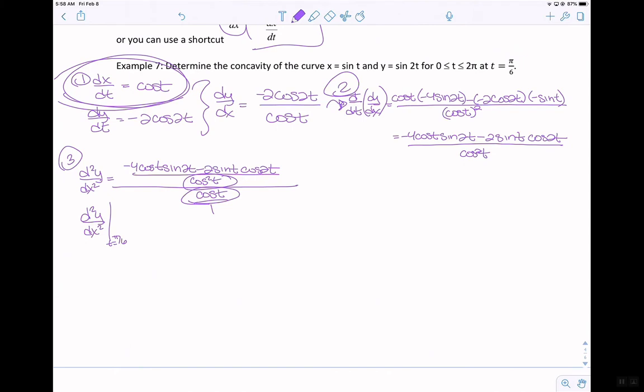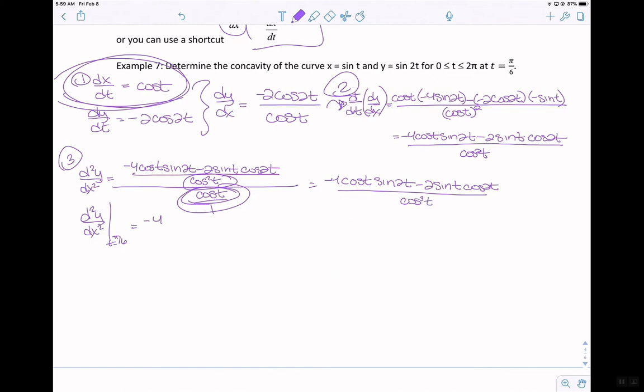I'm going to skip that step right now. Maybe I shouldn't skip the step. So this is negative 4 cosine of t sine of 2t minus 2 sine of t cosine of 2t divided by, because you invert and multiply, cosine cubed of t.